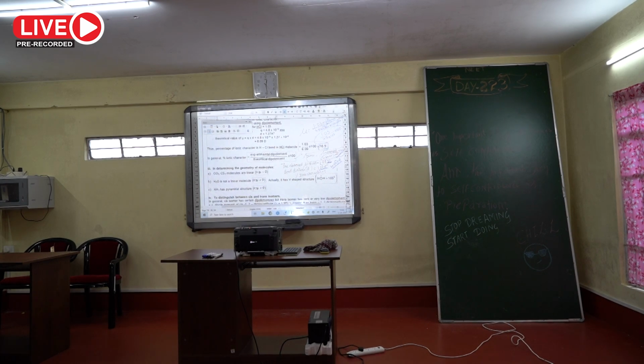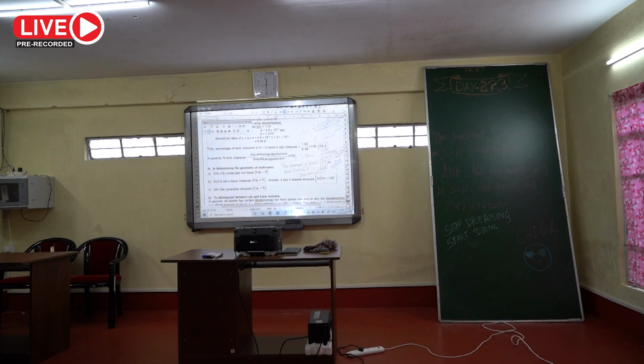So what is the formula I am using? Percentage ionic character is equal to mu observed by mu for 100% ionic into 100. Mu observed is 1.03 divided by denominator.